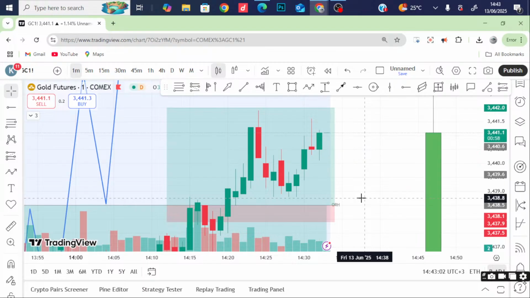Those who are taking buy positions on gold, take them. Take the buy position on gold.